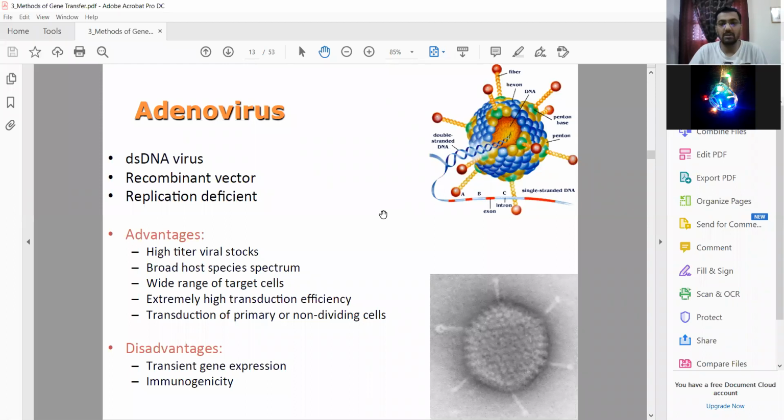Packing means you generate a virus which has your own transgene to transfer into other cells. So this packing is done on a mammalian cell, and when it is done, we achieve a low titer or a high titer, meaning we are successful in getting more viruses or fewer viruses. If we have more viruses, the titer is high, and if we are not successful in packing viruses at a high quantity, we have a lower titer. So normally these adenoviruses have a high titer.